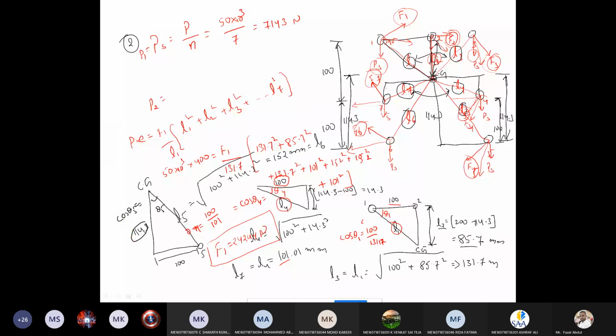114.3 by L5. L5 how much we got? L5 value. Where is L5?